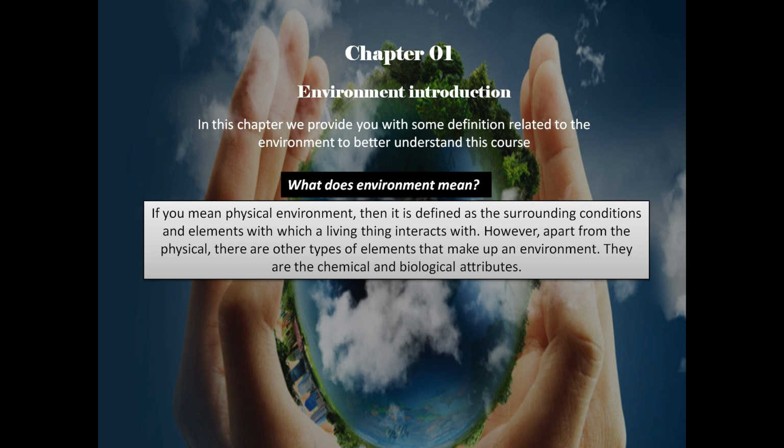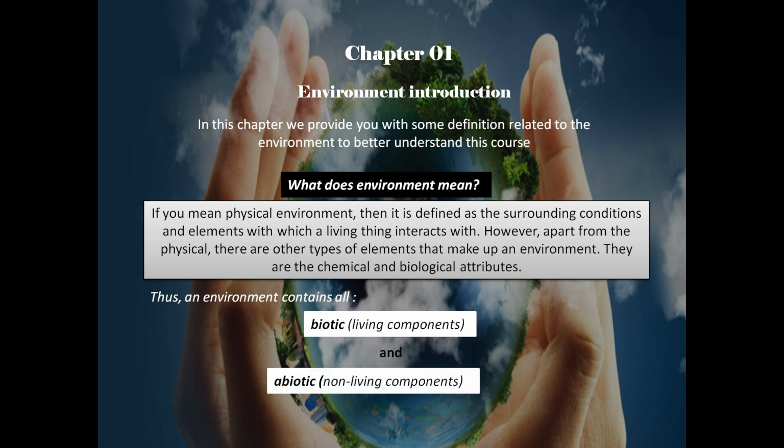However, apart from the physical, there are other types of elements that make up environment. They are the chemical and biological attributes. Thus, an environment contains all biotic living components and abiotic non-living components that have a role in the survival, evolution, and development of the organism.